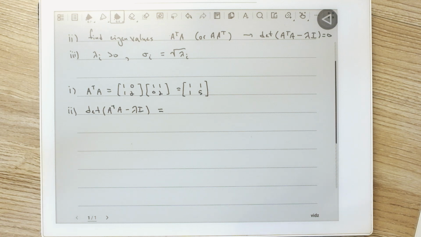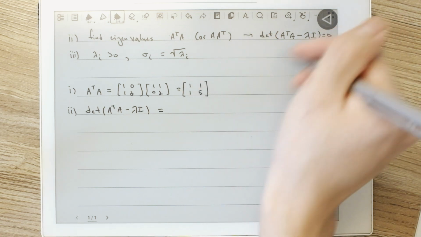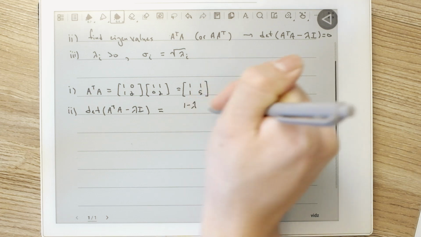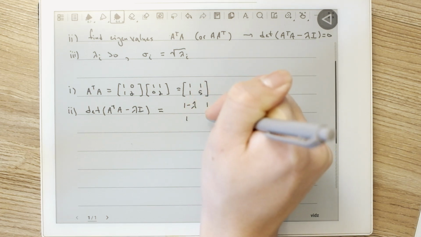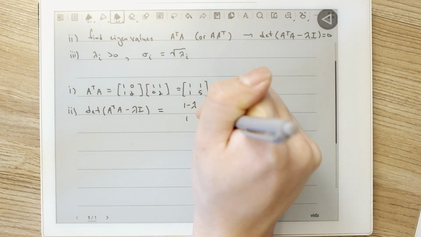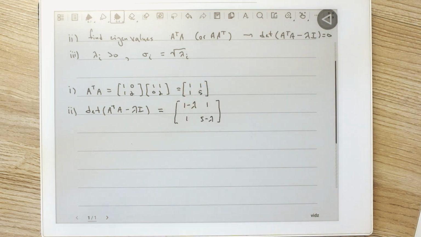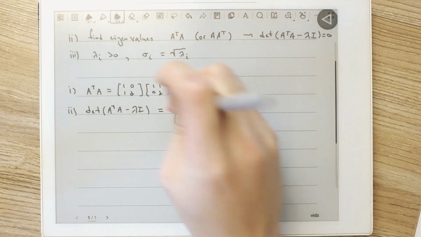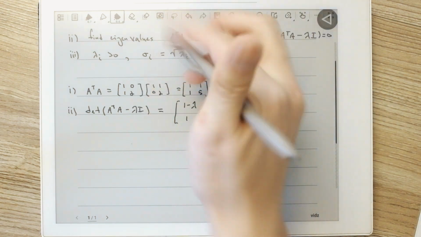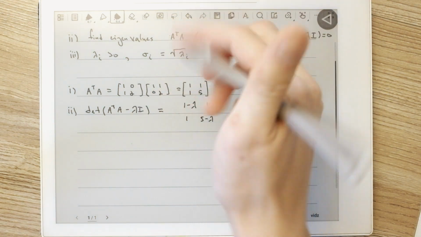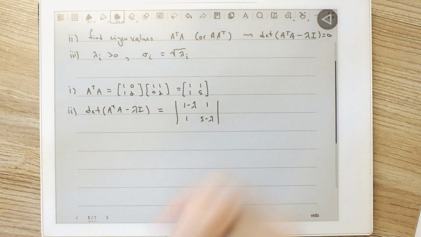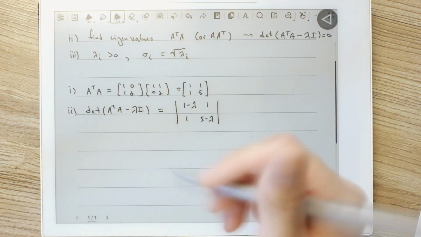So this is this matrix, and we take out lambda on the principal diagonal, so 5 minus lambda over here. Sorry, wrong notation here. Since we're computing the determinant, we'll write it like this. Okay, we have this now.